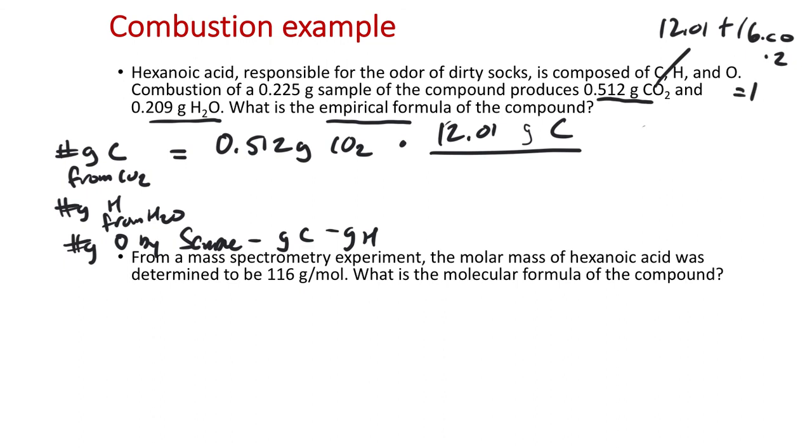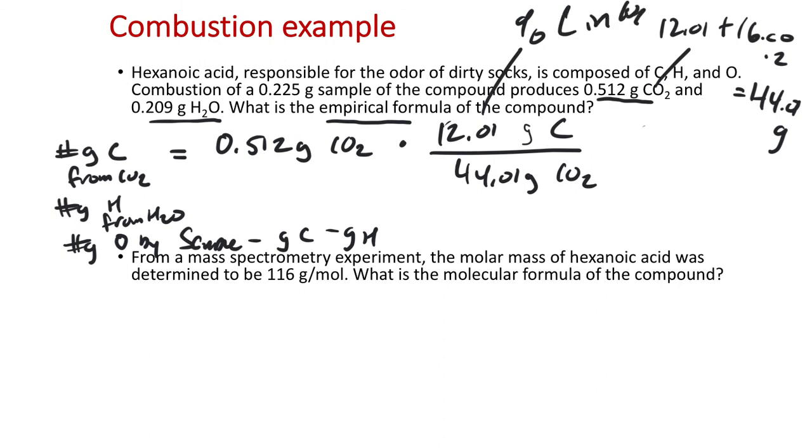That's 44.01 grams per mole. You see how that's just the percent carbon. It's the mass of the carbon divided by the formula weight of CO2. So this is just the percent or the fraction of carbon in the sample. So that's just the percent C in CO2.